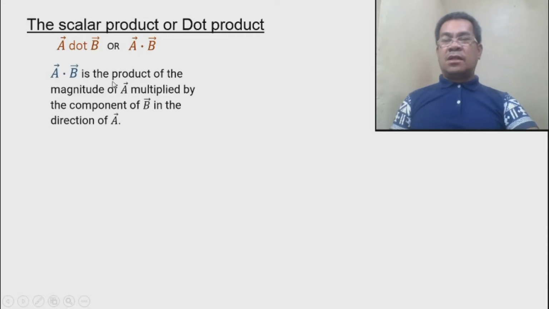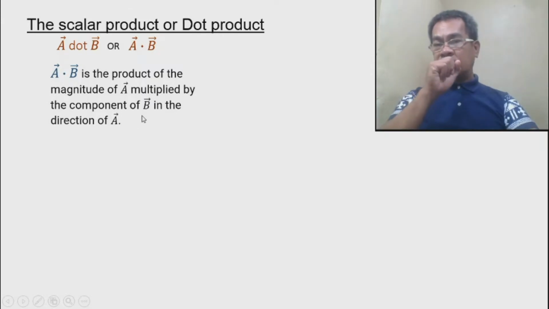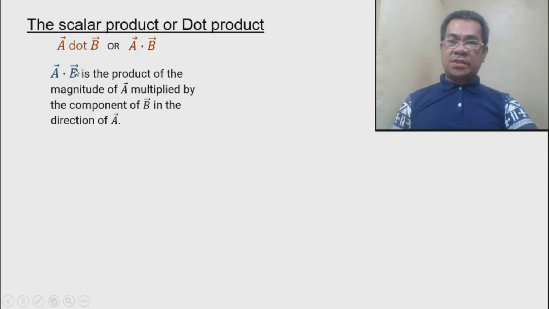Now, if we have a dot b, this means you have to multiply. It is the product of the magnitude of a. Remember our previous topic, finding the magnitude. So you have to find the magnitude of vector a, multiply it by the component of b. When we say component, remember b is a vector.